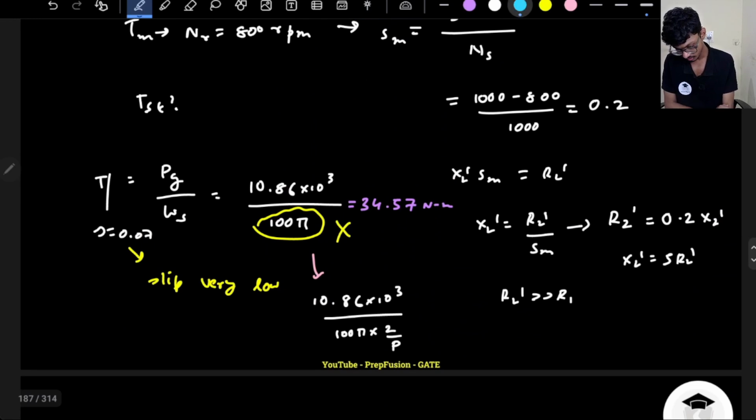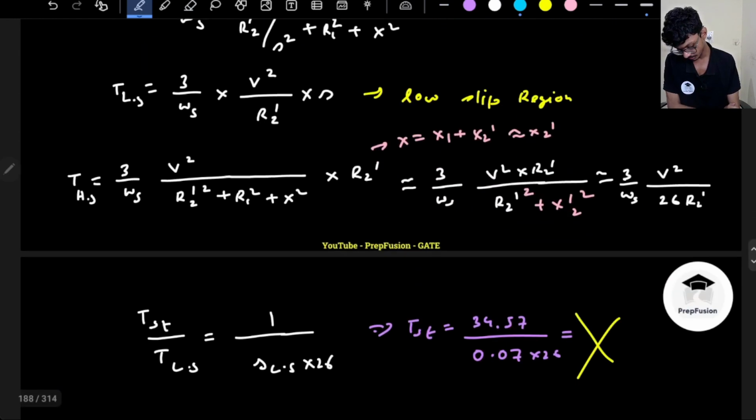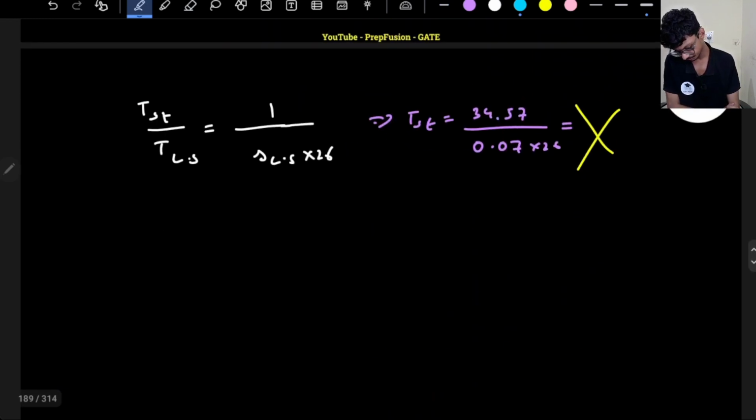An extra 3 will be multiplied. So the torque is 34.57 into 3, which comes out to be 103.71 Newton meter.